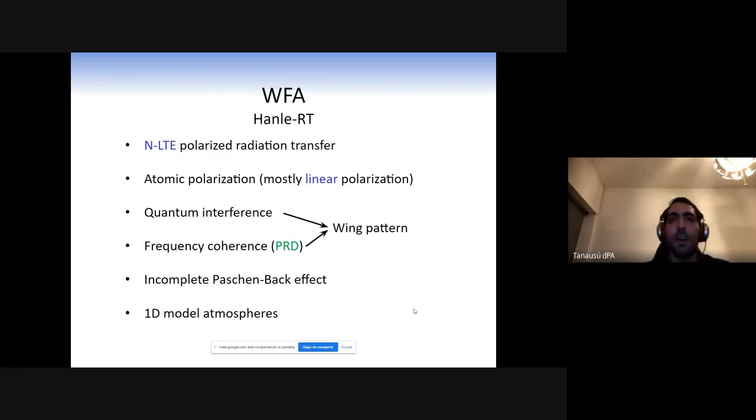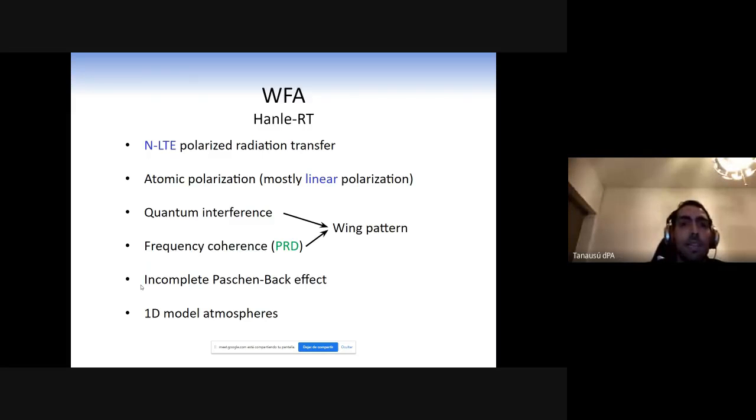In order to test how well the weak field approximation fits the circular polarization profiles, we did some simulations. We used the HanleRT code, which is able to perform non-local thermodynamical equilibrium polarization transfer. It includes atomic polarization, although this is mostly linear polarization, and is able to include quantum interference and frequency coherence, that is, the partial frequency redistribution effects. These are important for the intensity patterns, but they also have an impact on the circular polarization.